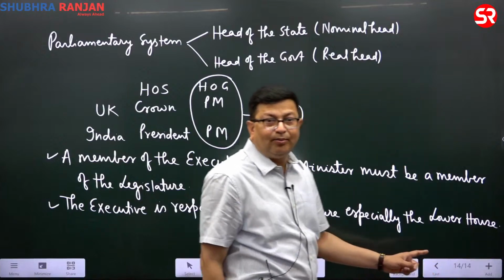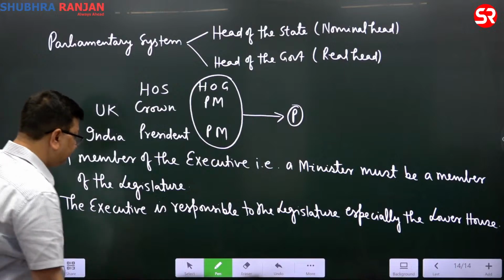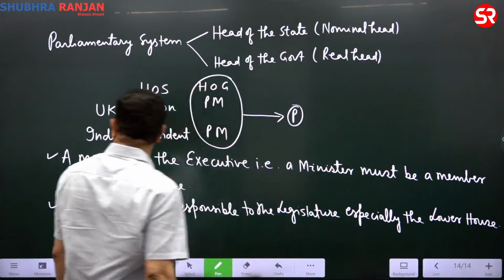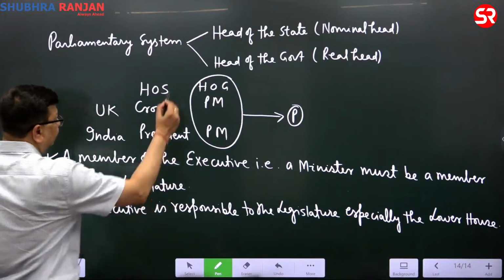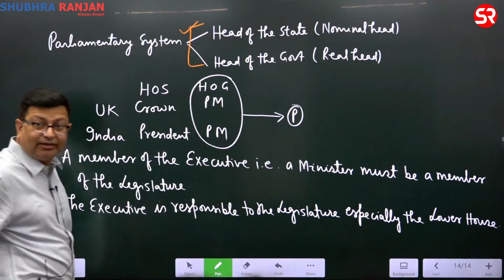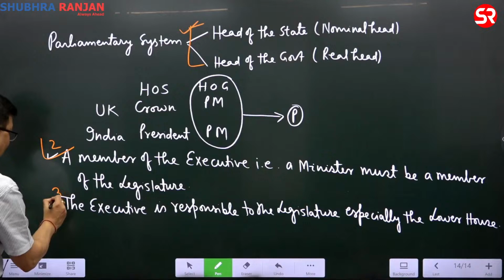Lower house is the popular house. First aspect, second aspect, and third aspect.